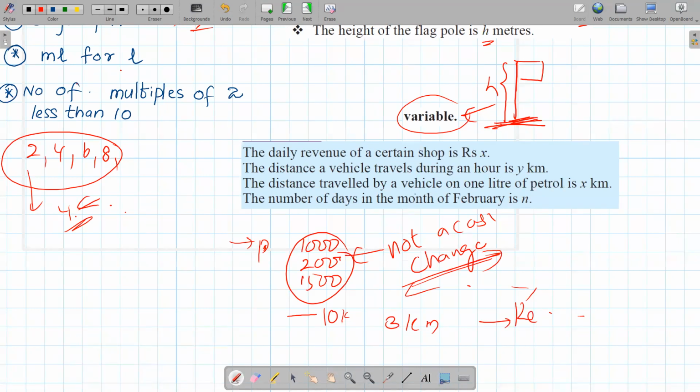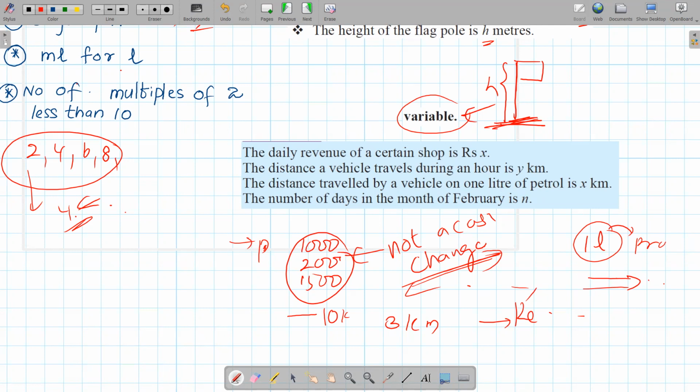The distance traveled by the vehicle on 1 liter of petrol is x kilometers. If you put in 1 liter of petrol, what distance can the given vehicle travel? It is changed according to the road and according to the vehicle.